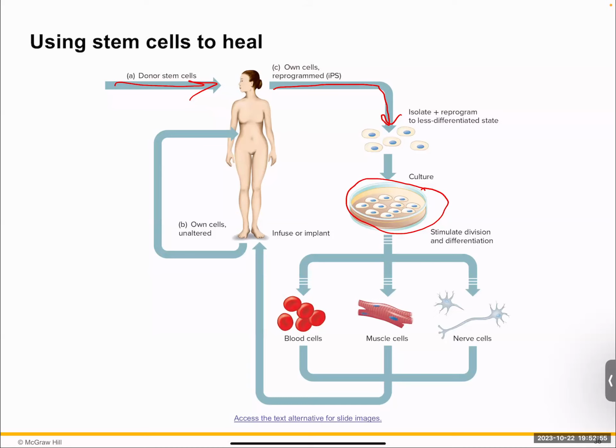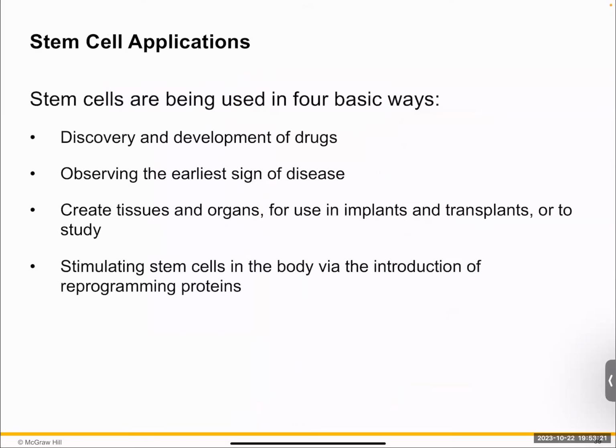And then you can put those back into the person's body. This is really cool. It is controversial in a sense, but it's also a very big step in terms of helping us use donor stem cells from somebody else to create various types of cells that can be donated to a patient with medical conditions.